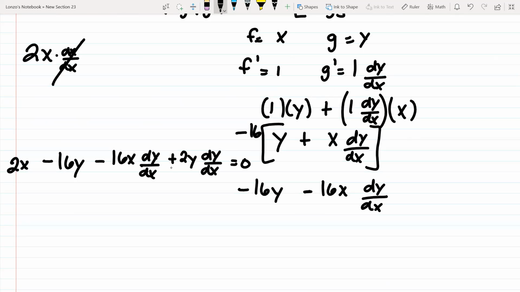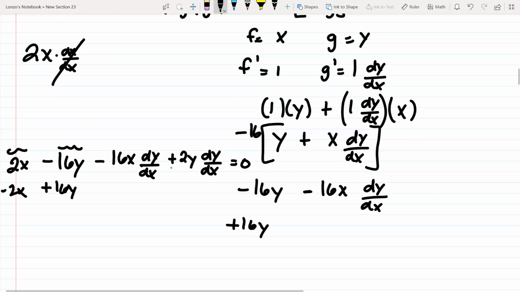Okay, just like the other problem, anything that has a dy/dx, get it on one side, anything that doesn't, move it to the other side. So this 2x and this negative 16y do not have a dy/dx, so move them to the right. So I would add 16y. And then I'm going to subtract 2x.